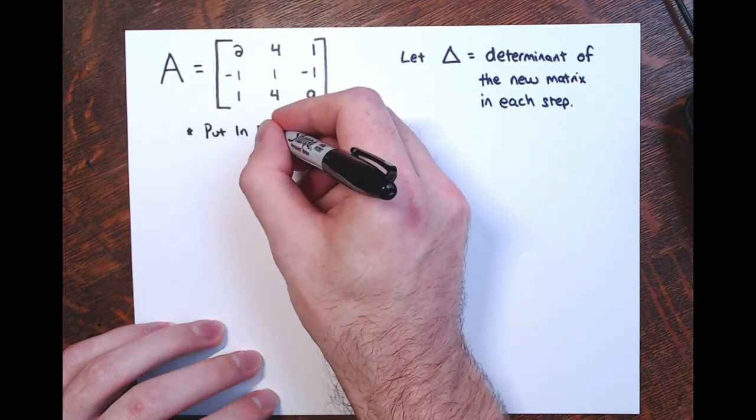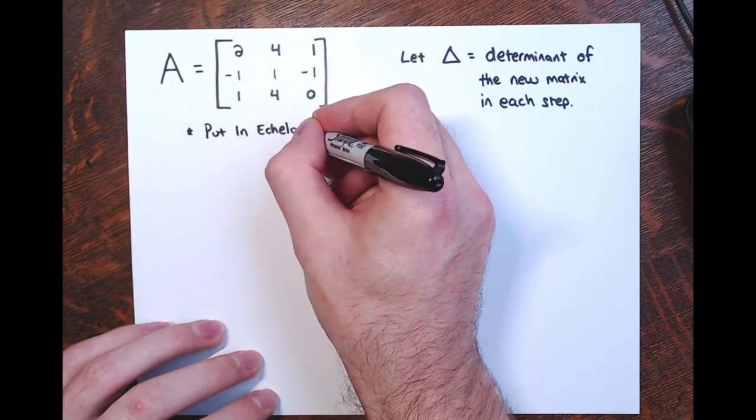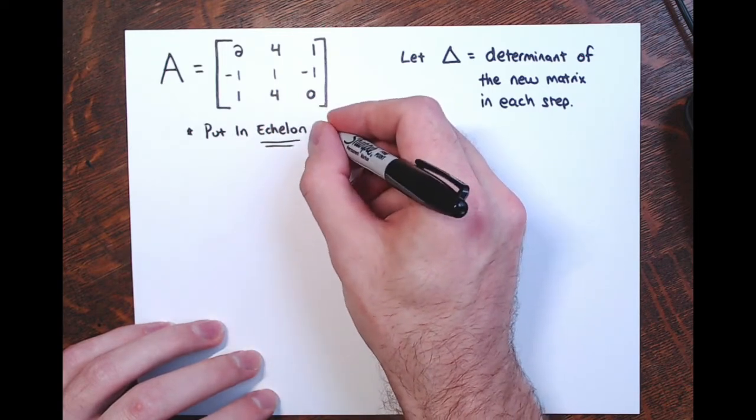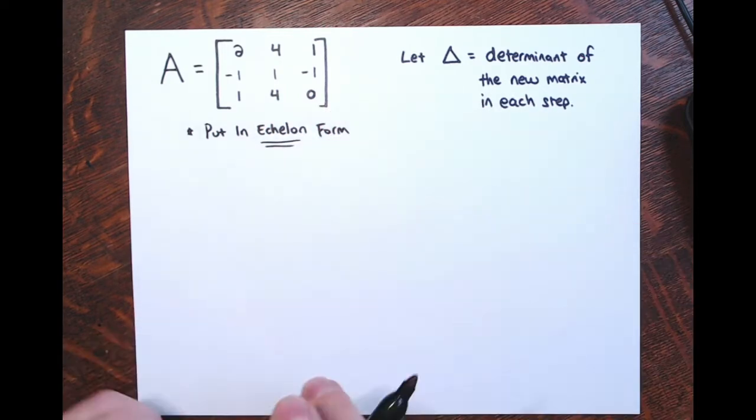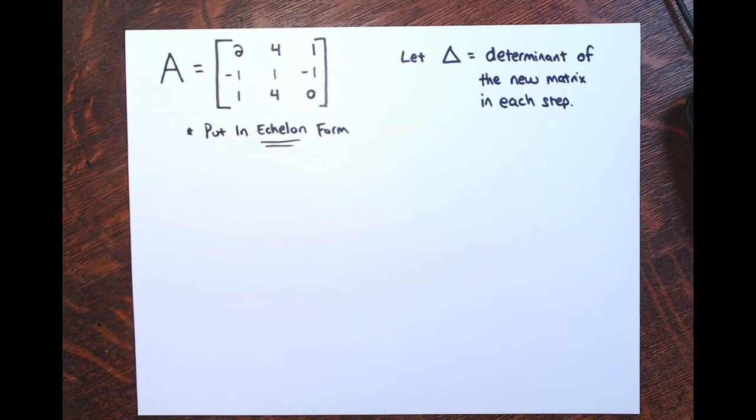I'm going to go through elementary row operations to put this in row echelon form as they call it. Don't worry about reduced. You can go to reduced, that wouldn't be wrong, it's just you don't need to do all that work. Just go one step at a time until it's in echelon form. Make it upper triangular, and then you'll be fine.